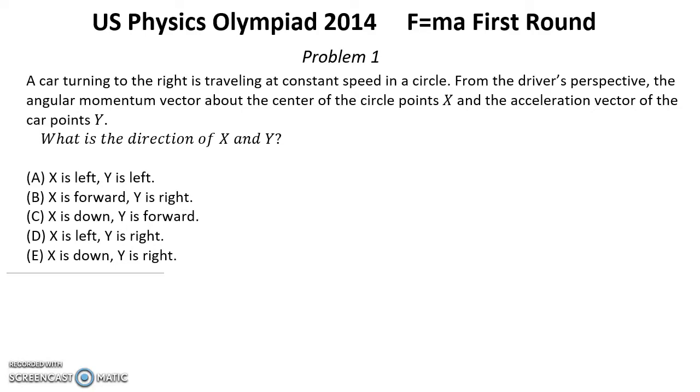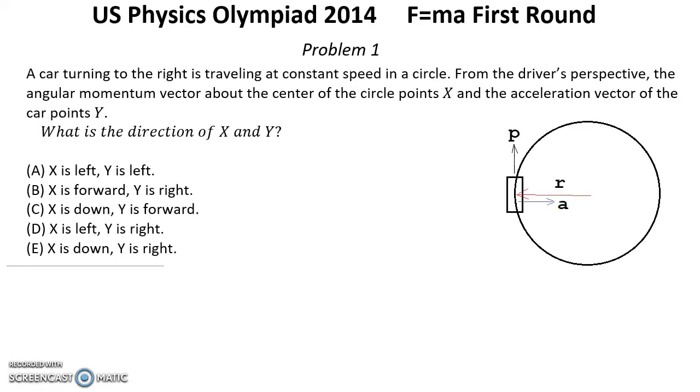Solution. First, let's draw the picture. Let's say this is a trajectory of our car and the driver going clockwise with the velocity v. Now it's going up and the radius vector is going to the left and the centripetal acceleration going to the center.